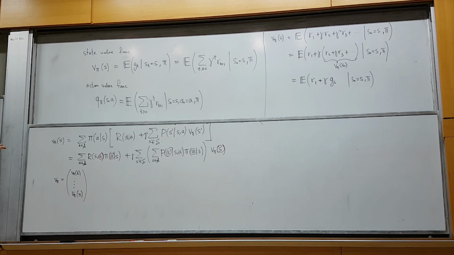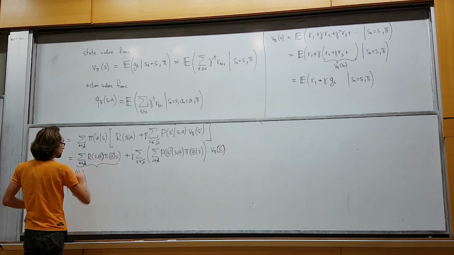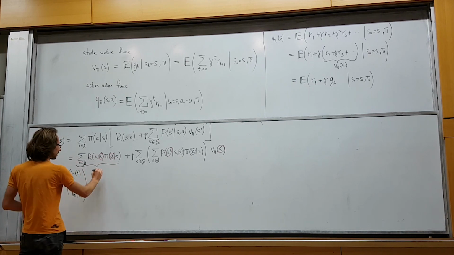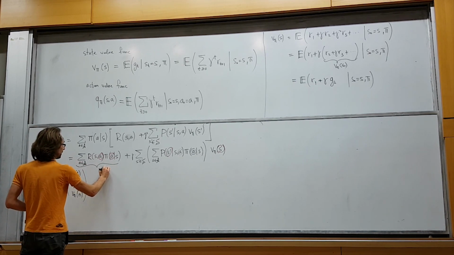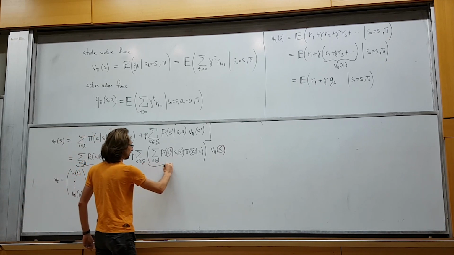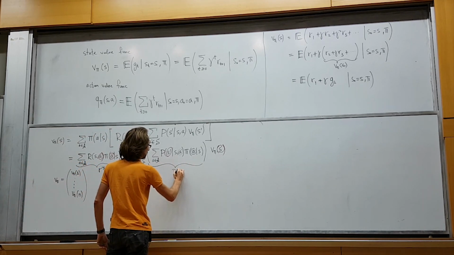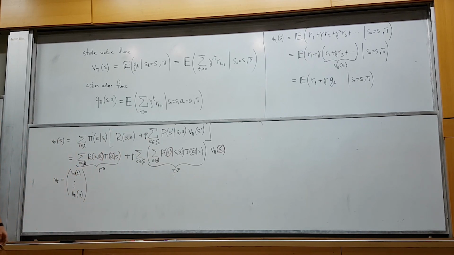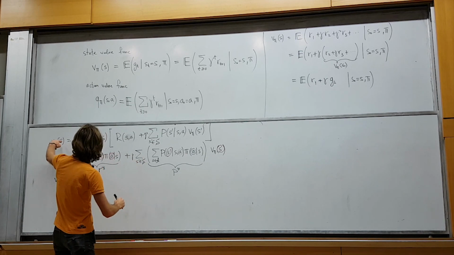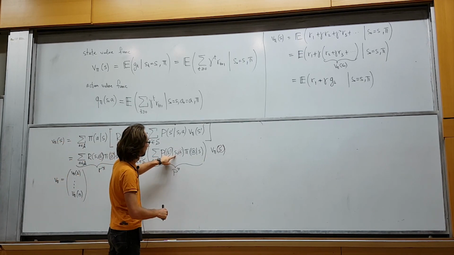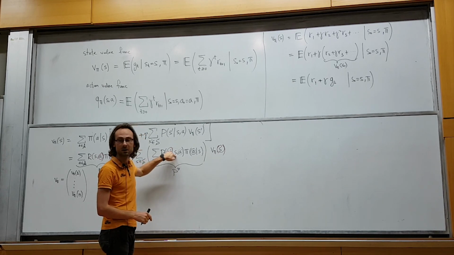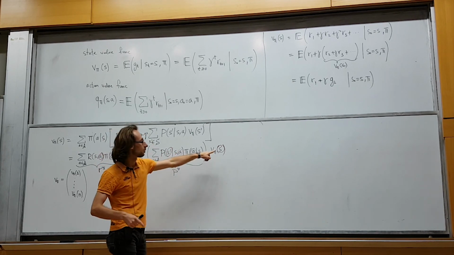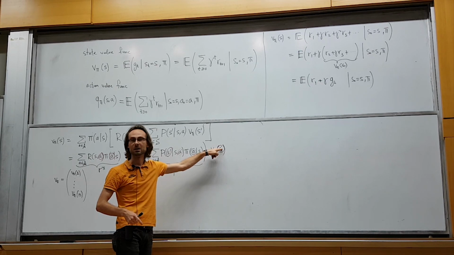If I think of V pi as a vector, what is written here is also a vector depending on the policy. Let's call it R pi. And what I have here is a matrix, depending on the policy. The matrix has a coordinate s and a second coordinate s prime, according to which I'm summing the elements of this vector.